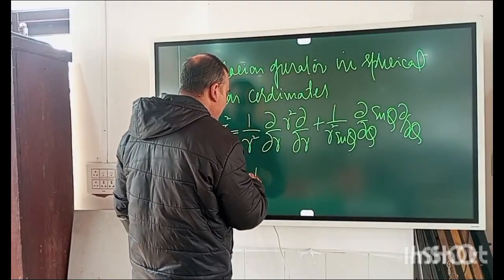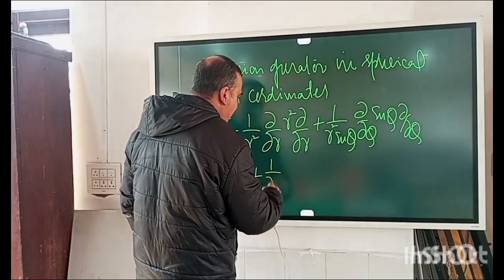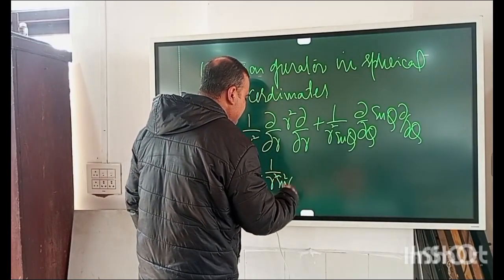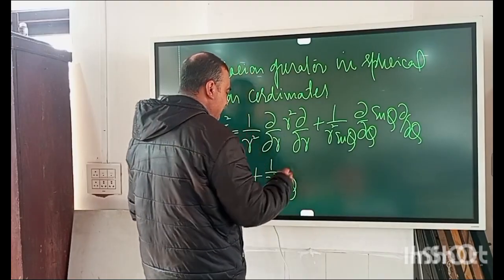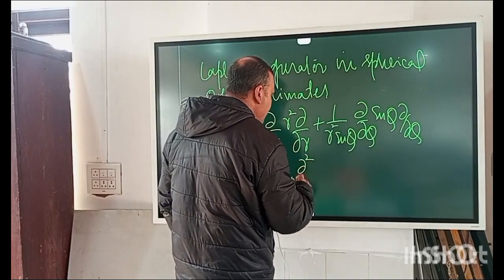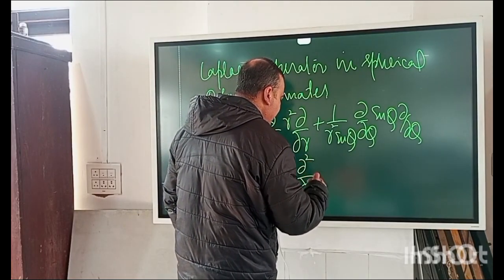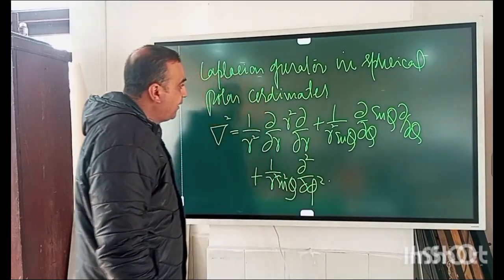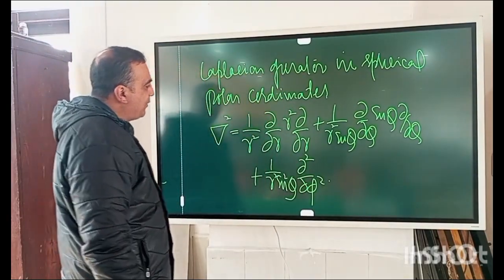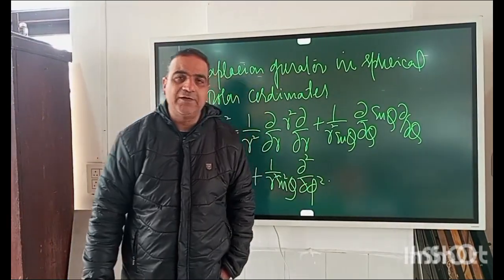The third term we have plus 1 by r square sine square theta dou 2 by dou phi 2. This is our Laplacian operator in terms of r, theta, and phi.